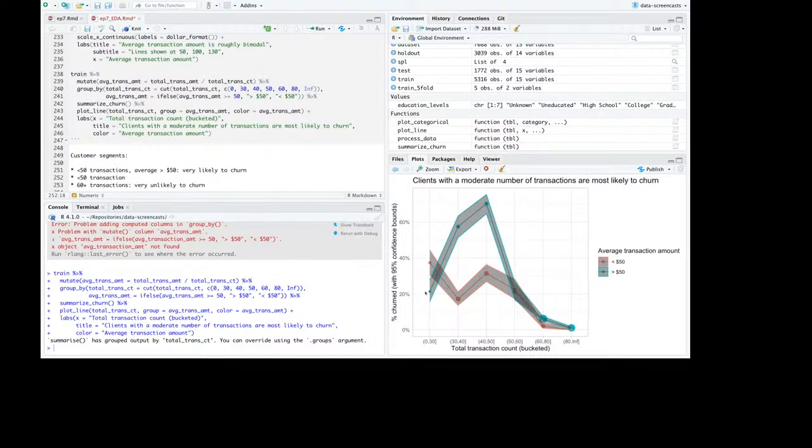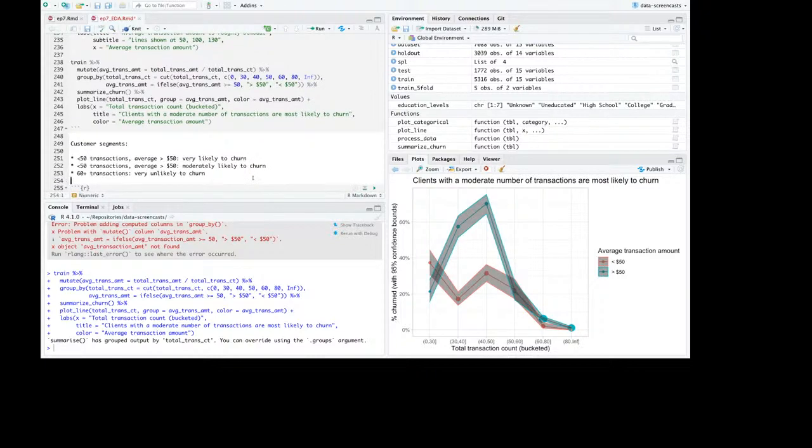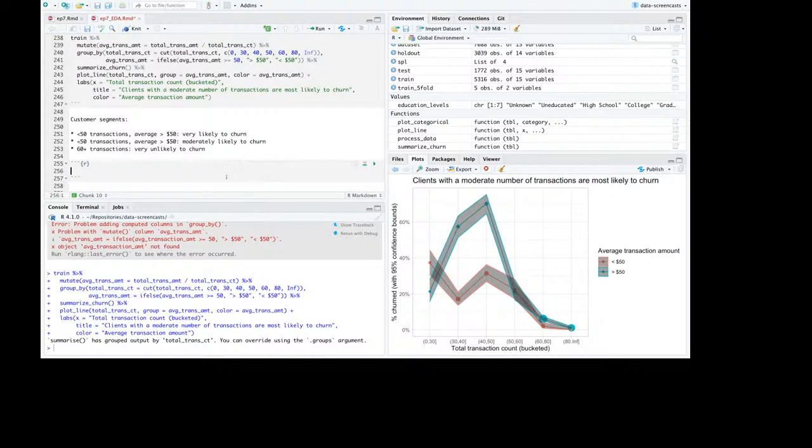I had to keep this simple, which means we're ignoring this section, but that is less than 50 transactions. Segment.